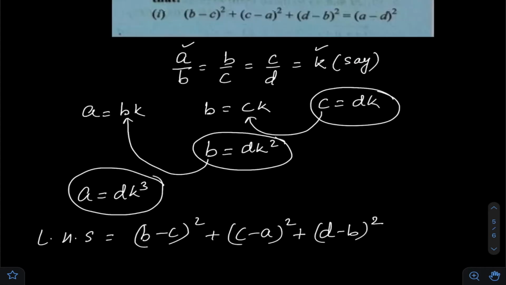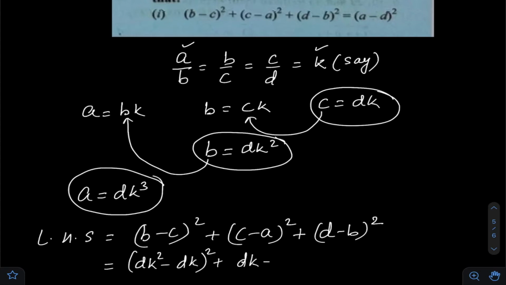Now this is left hand side. What is the value of b here? dk square. Value of c is dk, whole square, plus what is the value of c? dk.